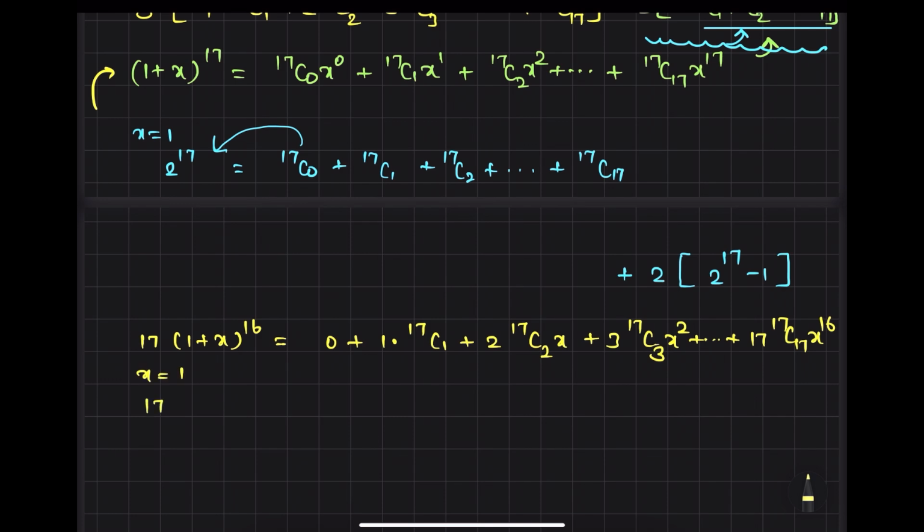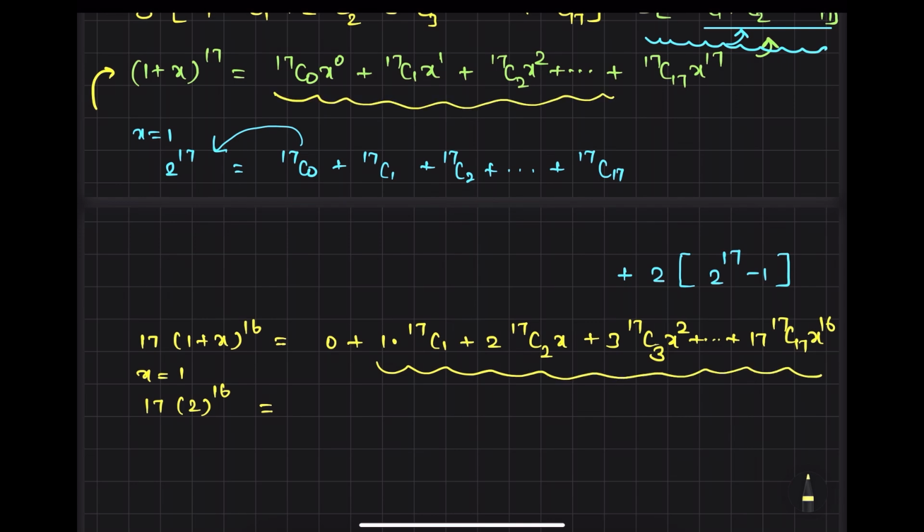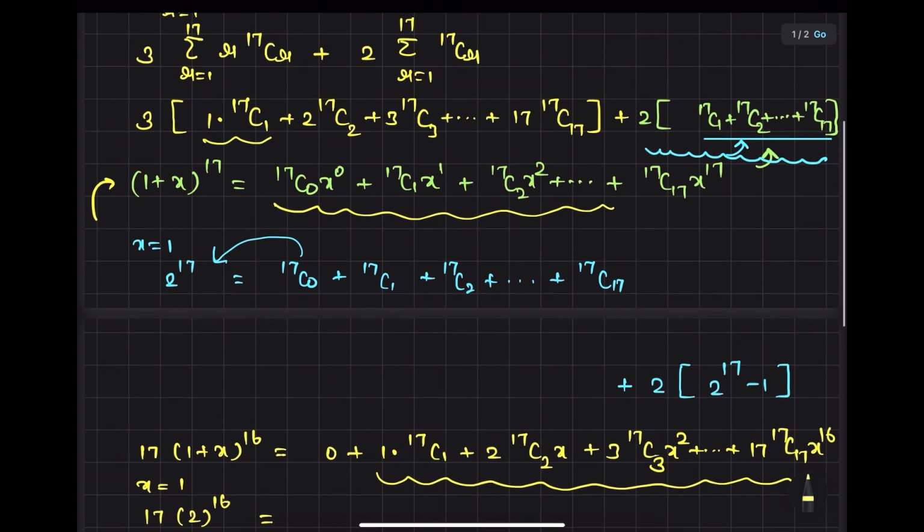So 17 times 2^16 is equal to this first part. This first part is same, no? Not that one, this one.